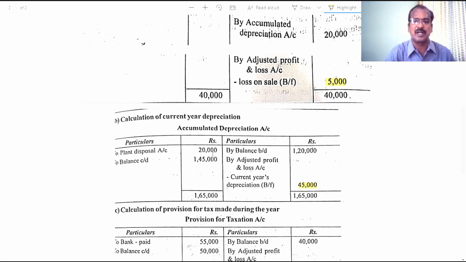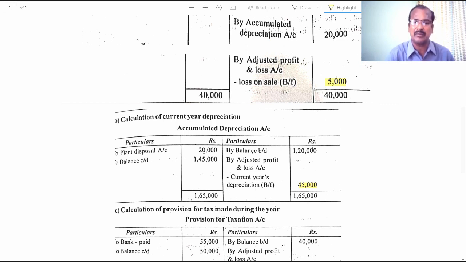So plant disposal account 20,000 rupees. The reason for this particular entry is that if an asset on which accumulated depreciation is maintained is sold, the accumulated depreciation on the asset sold should be removed from the books of accounts, and that is what happened here. This 20,000 is the accumulated depreciation on the plant sold.